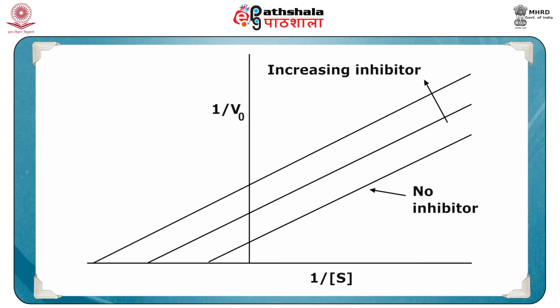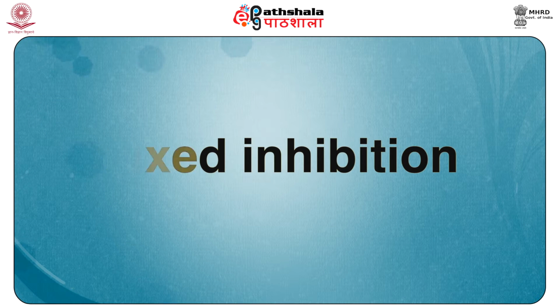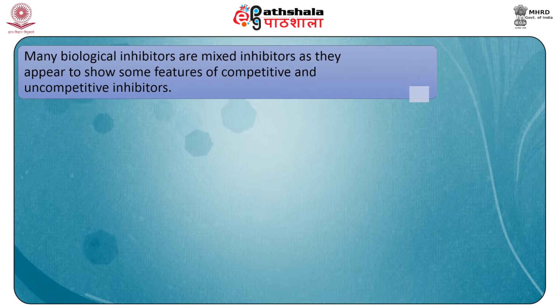Let us look at another kind of inhibition which is observed, namely mixed inhibition. Many biological inhibitors are mixed inhibitors, as they appear to show some features of competitive and uncompetitive inhibitors.